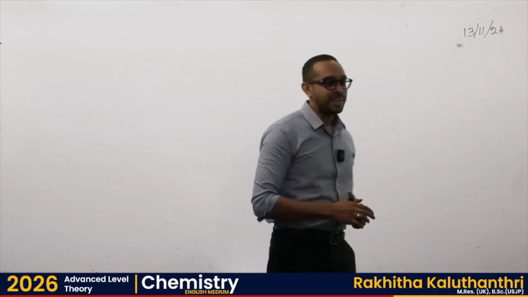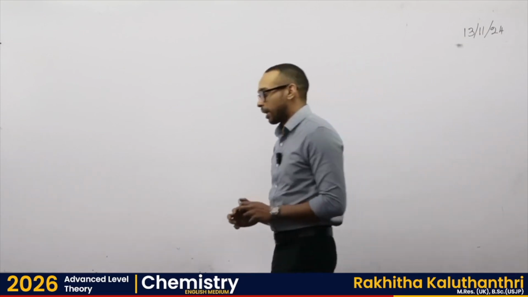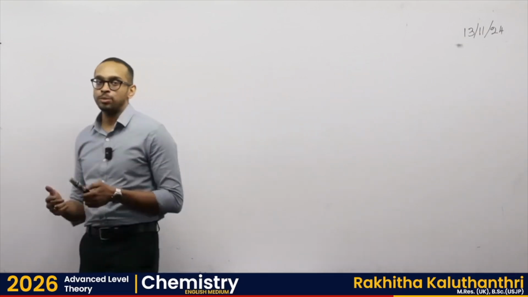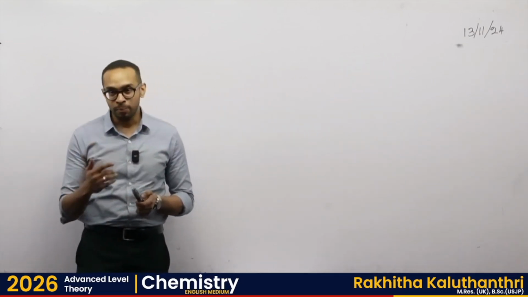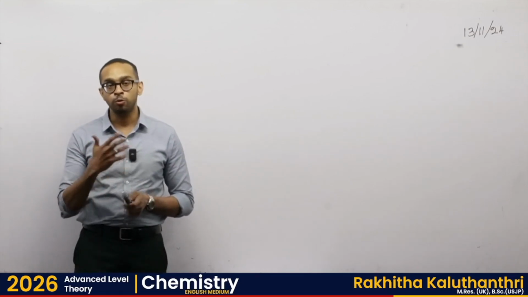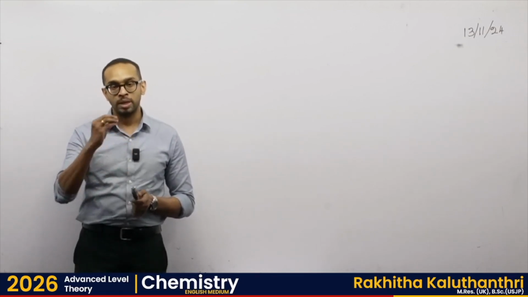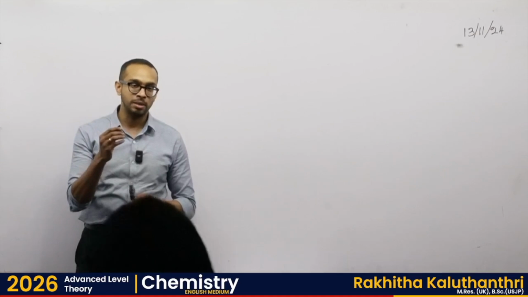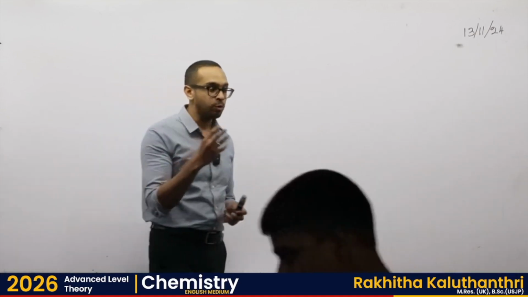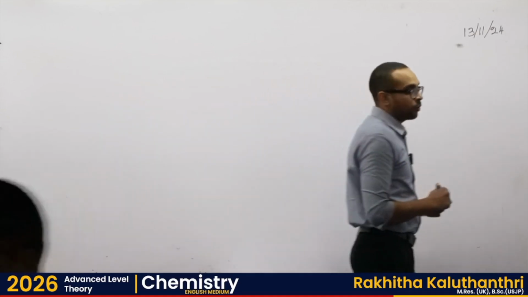So okay, just like that, when it comes to compounds also, we want to have uniformity when it comes to naming a compound. So IUPAC naming system gave out a few rules as to how we should name them.